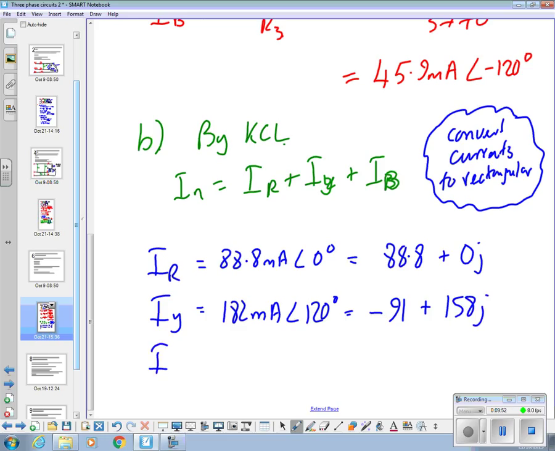And IB was 45.9 milliamps, angle minus 120. In Cartesian, that comes out as 23.0, and if we round it, j.